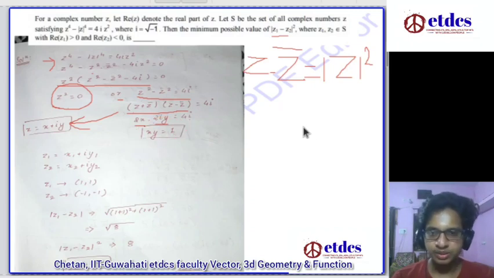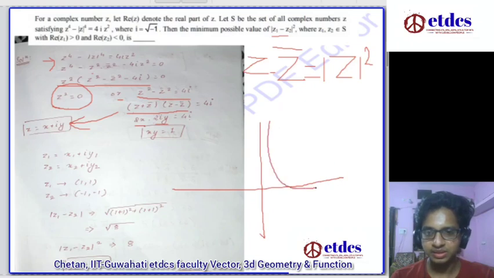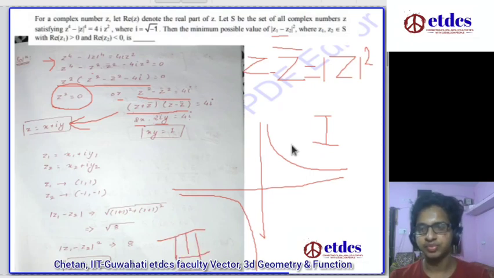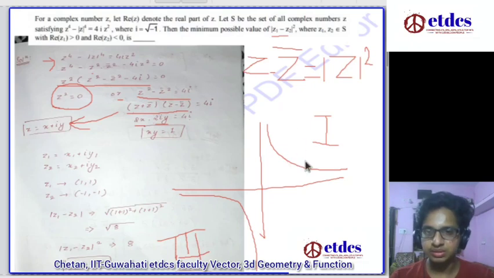So geometrically, what xy is equal to 1 means is basically a rectangular hyperbola. Here in this first quadrant, and this is the third quadrant. So here x and y are both positive, here x and y are both negative.